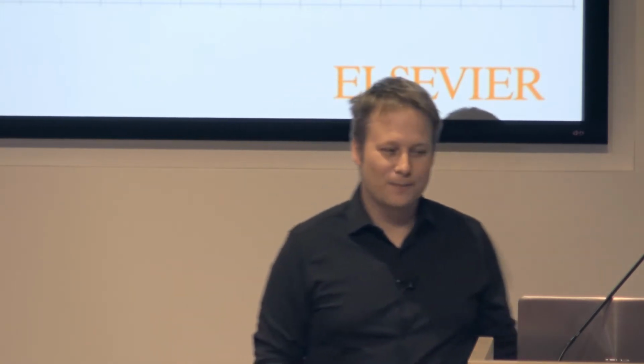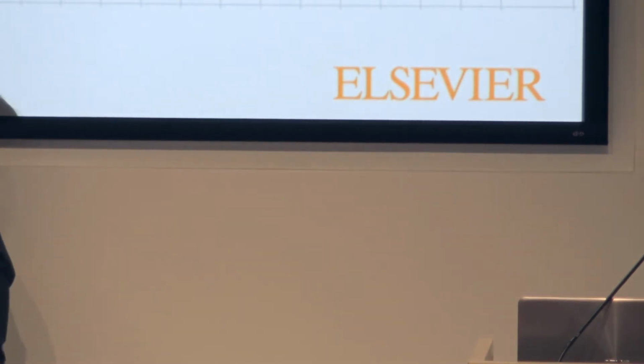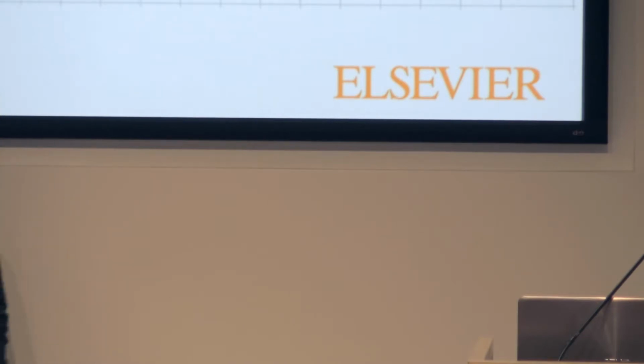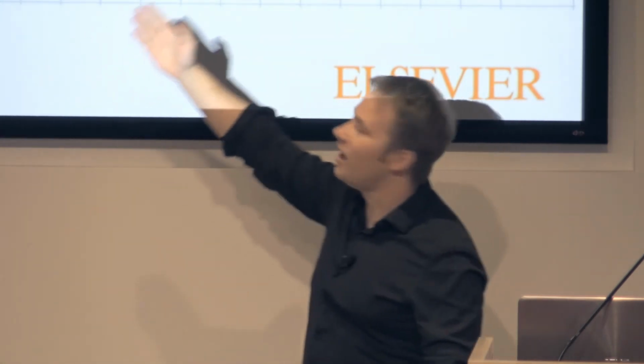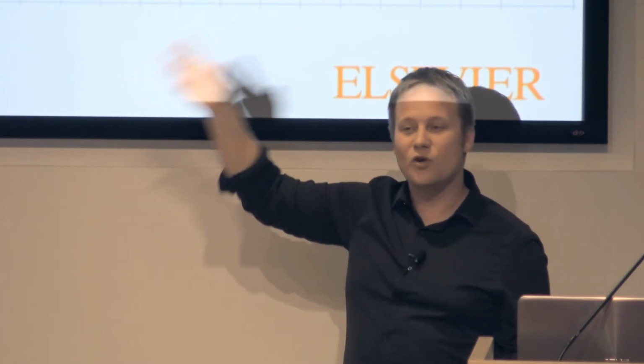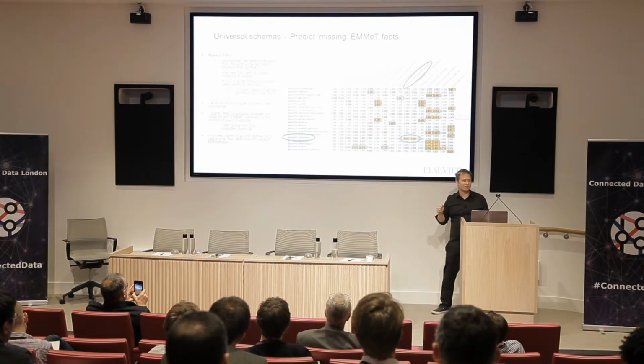And then we use this approach called universal schemas. This is a cool trick developed by a guy named Andrew McCallum. What you do is you take all your entities, these are disambiguated entities, and you put those entity pairs in your rows. In your columns, you express all of your surface form relations, but you also express all the relations that you have in your ontology between those two concepts.